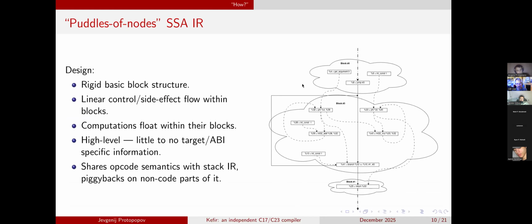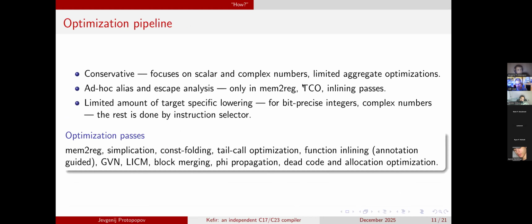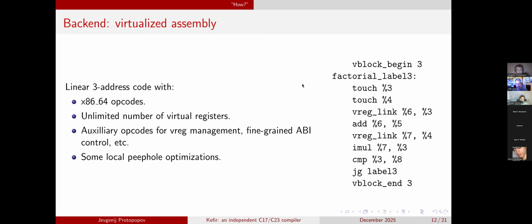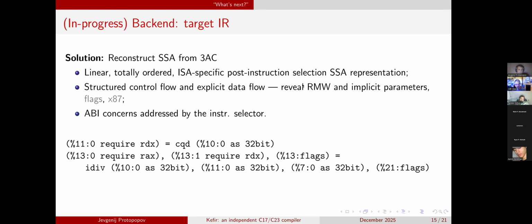So this puddle of nodes is actually a flavor of top-of-stack IR, which reshapes it into something friendlier to generation and optimization. Then the virtual assembly is already quite close to the target architecture, x86, and pairwise it very much corresponds to this target SSA, which I'm working on now.